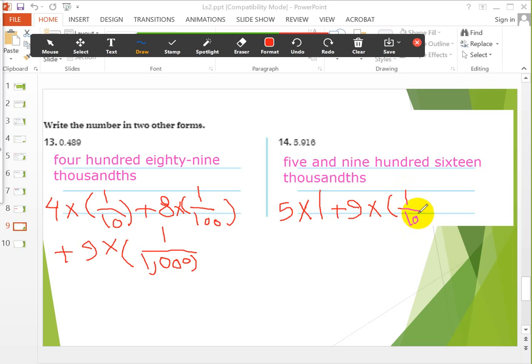The number 1 is in the hundredths digit, so its value is 1 multiplied by 1 over 100. What about the 6 in the thousandths digit? Its value will be 6 multiplied by 1 over 1000. Okay?